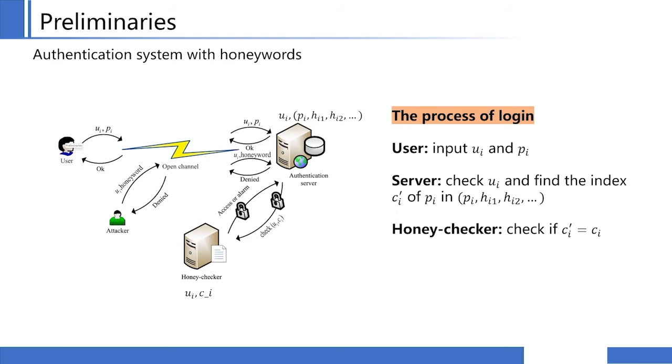A user inputs the username and password. The server checks if the username exists and the index of the password in the sweetwords. Then the honey checker checks if the index is correct. If true, the user can log in successfully. If not, it means that a password leak may have occurred.